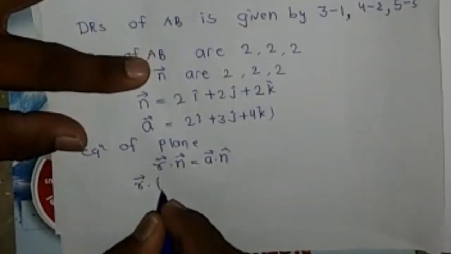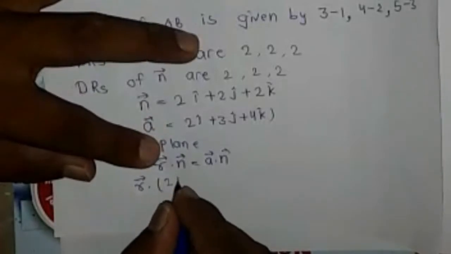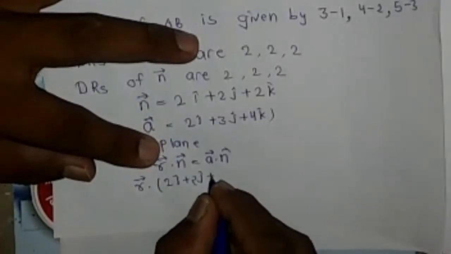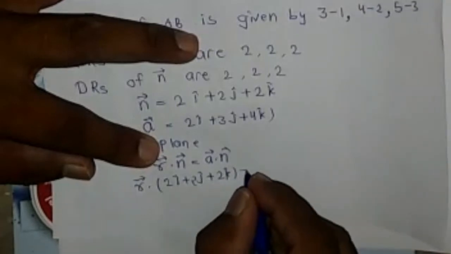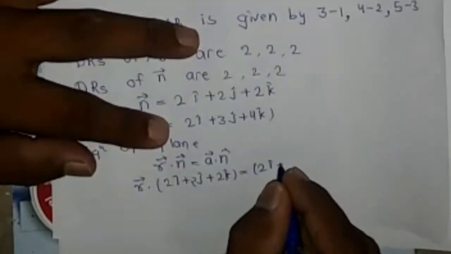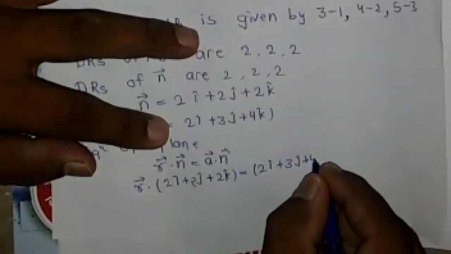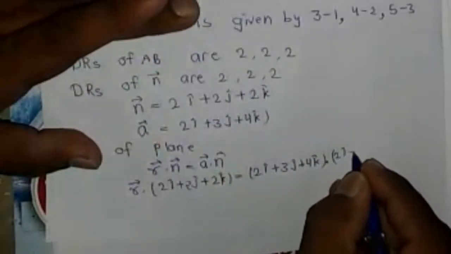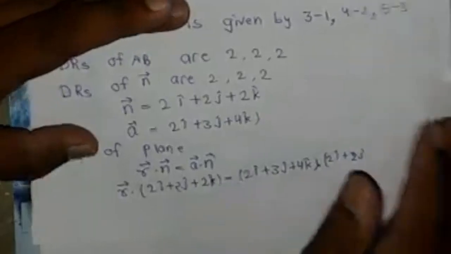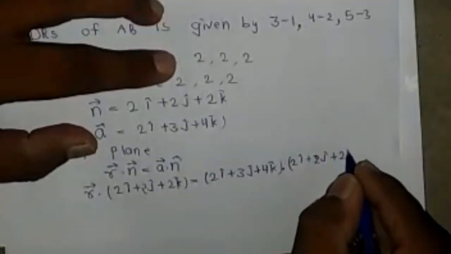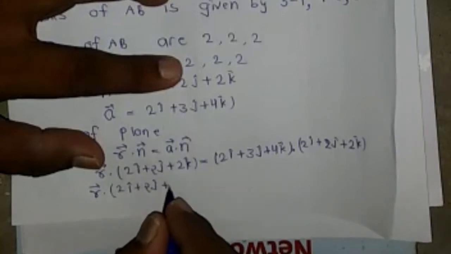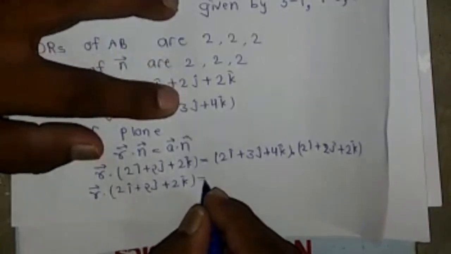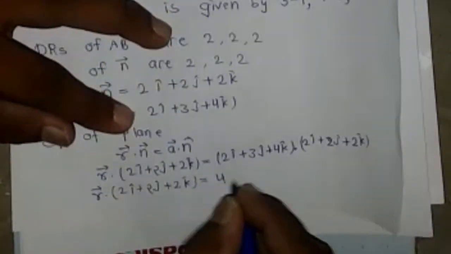Here n vector is 2i plus 2j plus 2k, and a is 2i cap plus 3j cap plus 4k cap, dot n, means 2i plus 2j plus 2k cap.